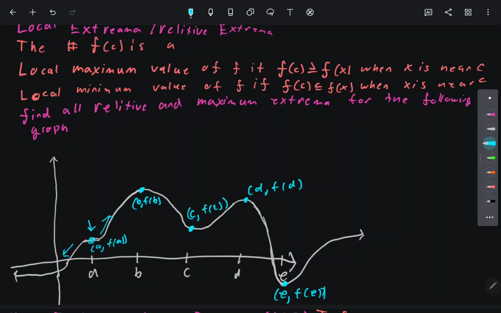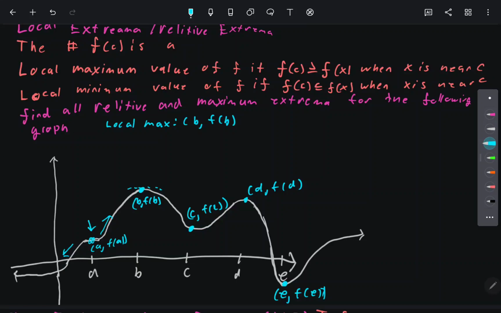Looking at x is equal to b now, well, around b, we can clearly see that there is no value greater than b. So we know that there's a local max at b, f of b.